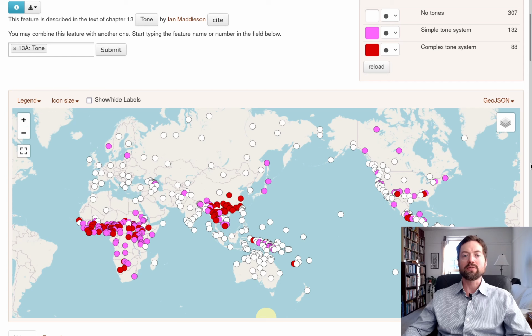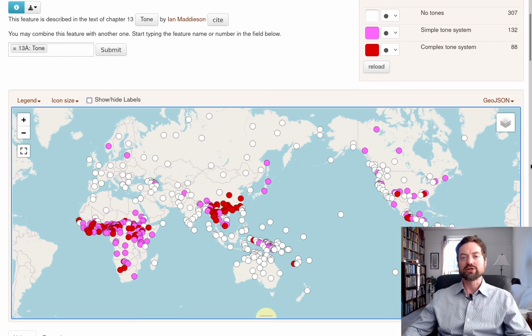I can speak up and down in the way I speak my sentence, and it will sound strange, but it will not actually change the meaning of the sentence. But in a tone system, by changing your pitch, you actually change the meaning somehow. So here we see some simple tone systems and some very strong clustering for complex tone systems.